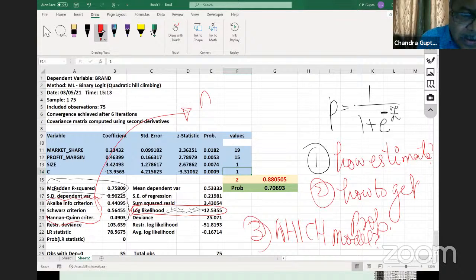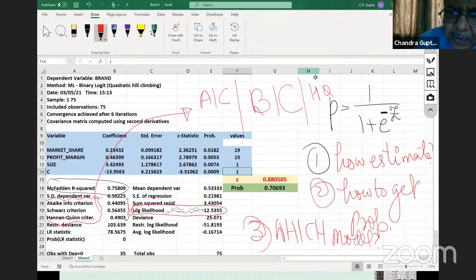AIC and BIC, Bayesian Schwarz criteria, and HQ. Would anybody like to react to what all these information criteria represent? What do they represent?